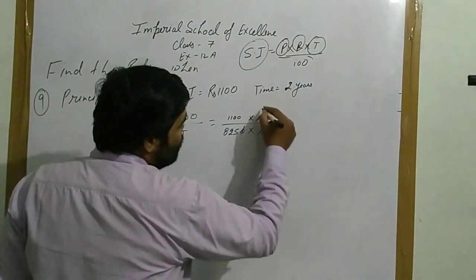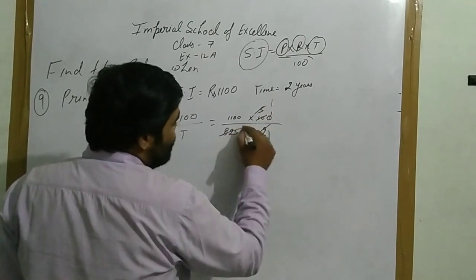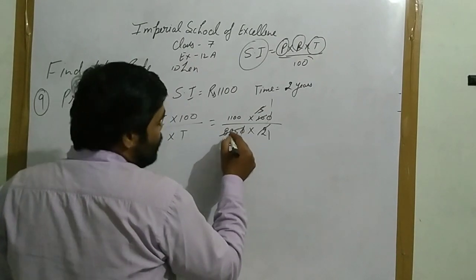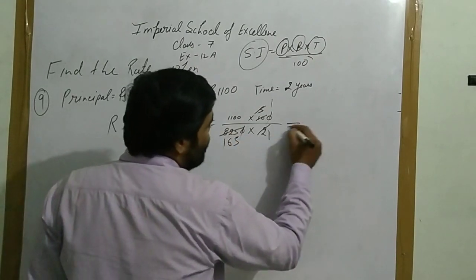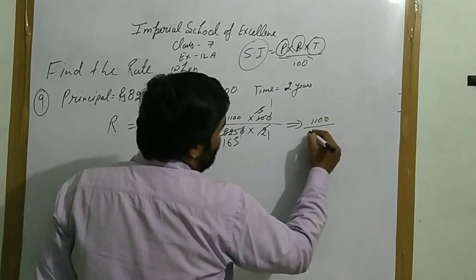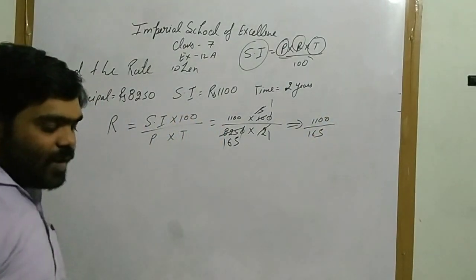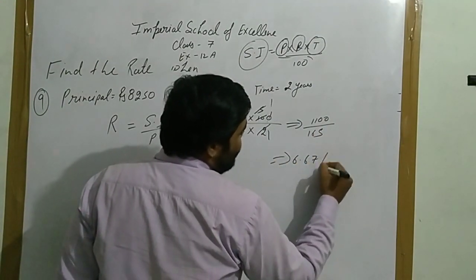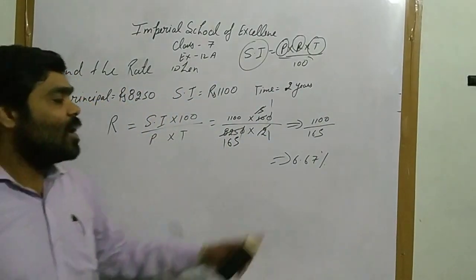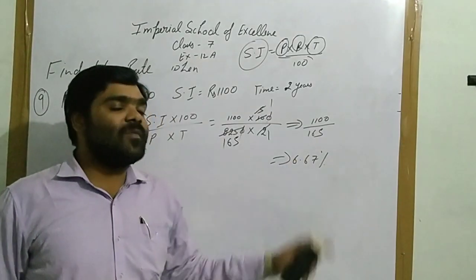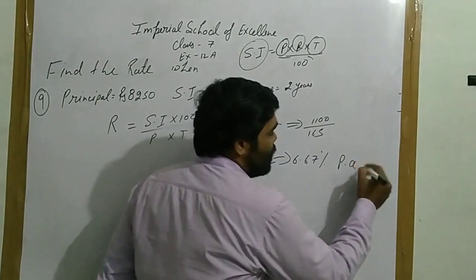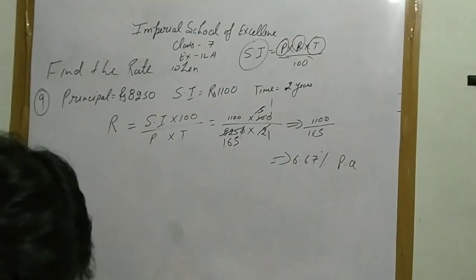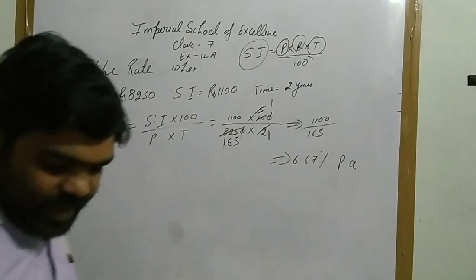It will be 1100 upon 165. When you solve this, your answer will be 6.67%. The rate of interest is 6.67% per annum. Question number 10 is the same, and 11 is the same.